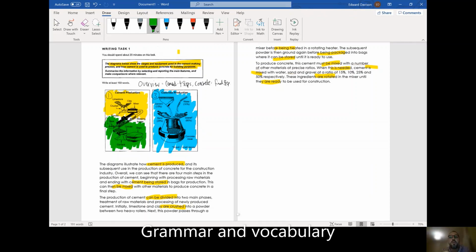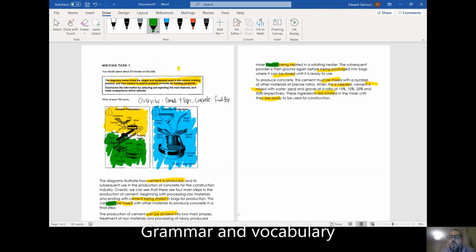Now, the other language, which is very specific to processes like this, is the use of sequences, which are words which signify when you're moving between steps. Have a look. Then. Initially is a good one. Next. Before. Subsequent. Again. Until.